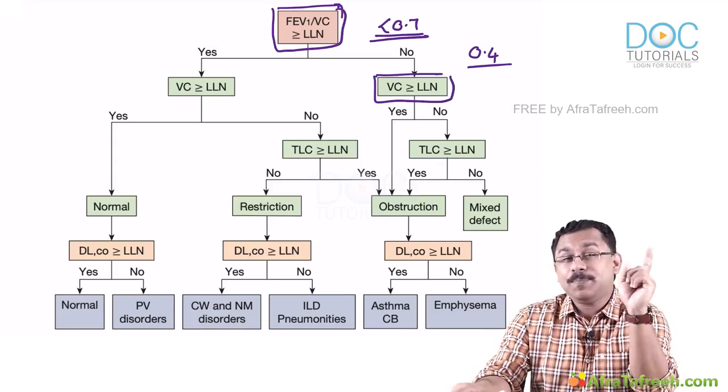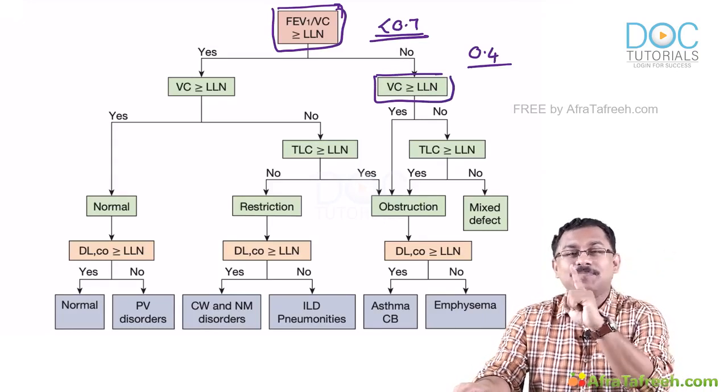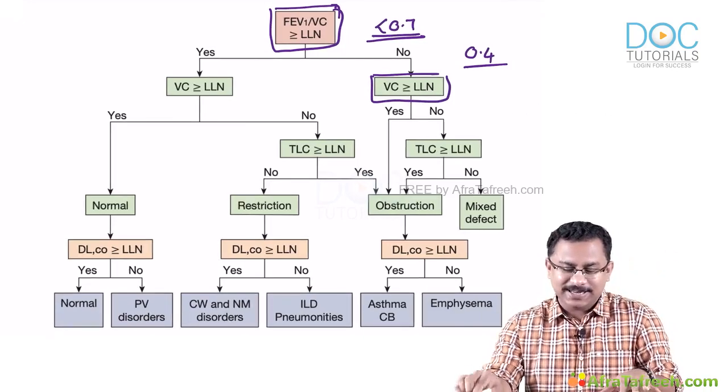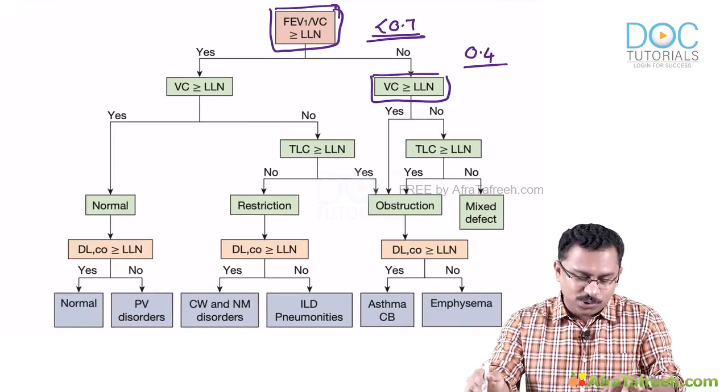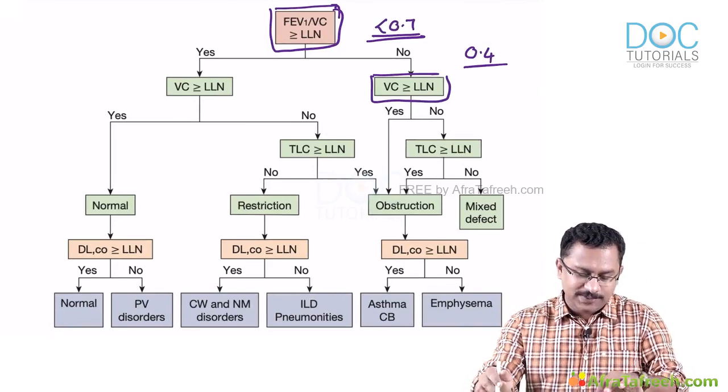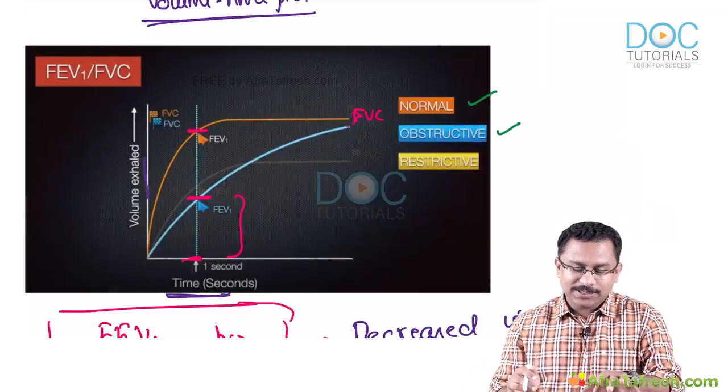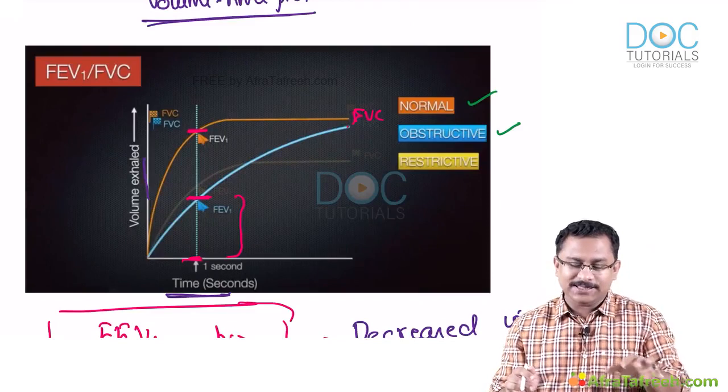Now, remember when I plotted the volume time plot for obstructive lung disease, you remember the vital capacity. I'll just show you that. Yes, here. You see the obstructive lung disease.